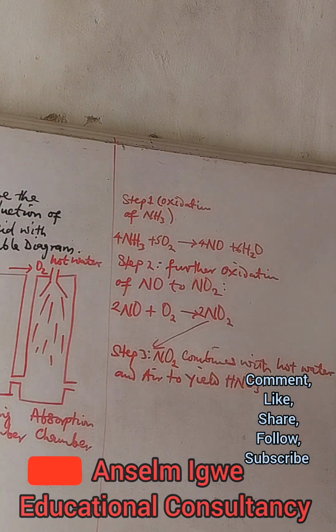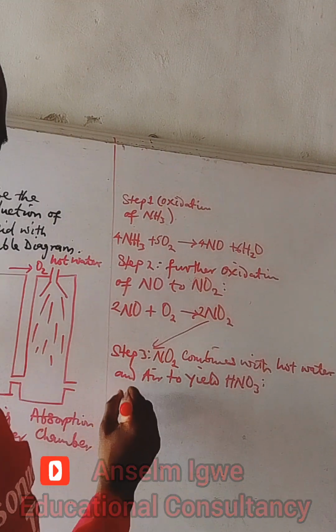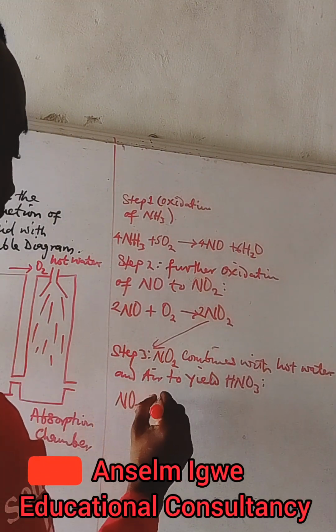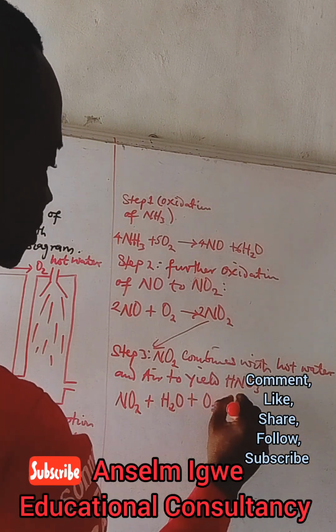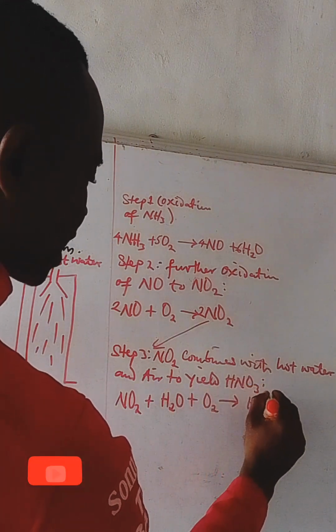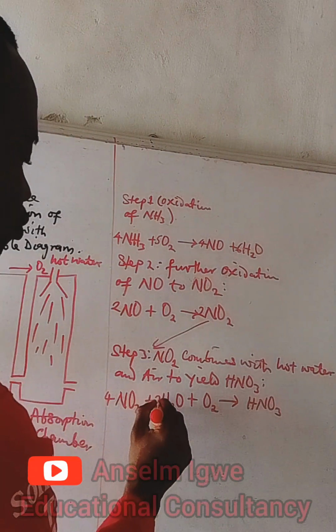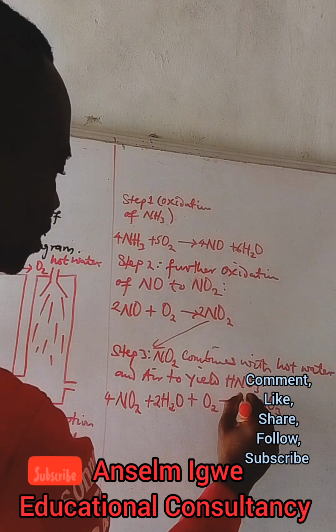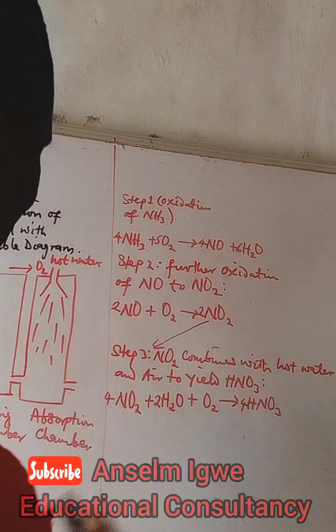So that is the last reaction, and it is summarized as NO2 combines with hot water and the air to give us trioxonitrate 5 acid. 4 here, 2 here, we have 4 here, balanced. So that is what happens at the last chamber.